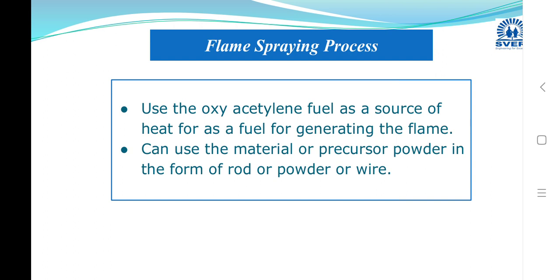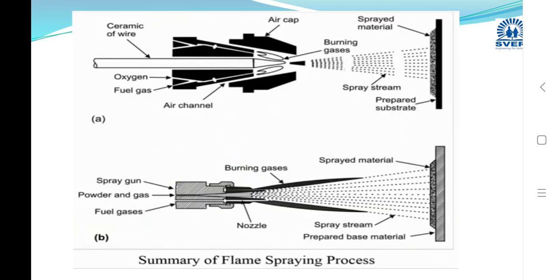Suppose here in this diagram I have shown the precursor. If your precursor is in the form of a rod, then naturally you have one kind of nozzle where there is a possibility of inserting the rod continuously.